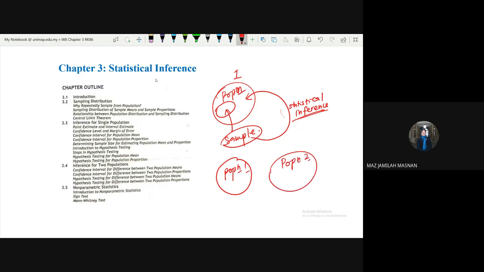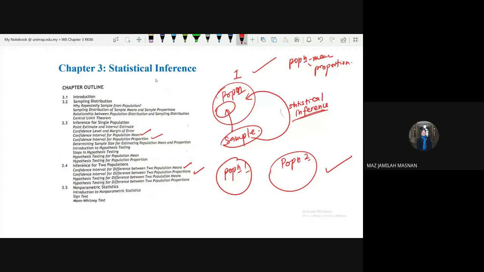How are we going to tackle this kind of statistical inference? What if we have one population, or what if we have two populations to deal with? And of course, for a single population, it will be specifically on the mean and the proportion, and for the two populations, also mean and proportion. So now we know we only deal with population mean and population proportion.